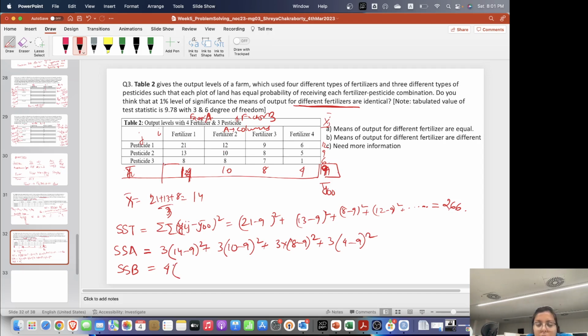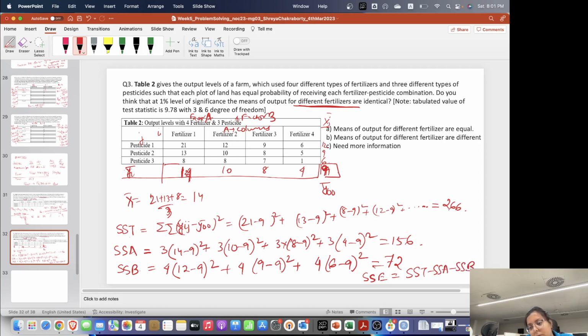So then 4 into 12 minus 9 whole square plus 4 into 9 minus 9 whole square plus 4 into 6 minus 9 whole square. This would come out as 72 and this would be something around 156. So, once we have SST, SSA, SSB, we will also have SSE, that is SST minus SSA minus SSB.